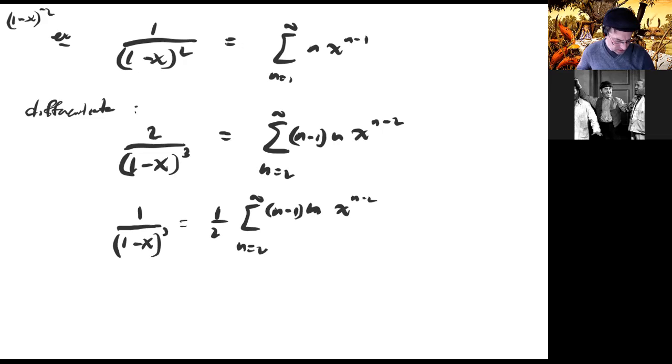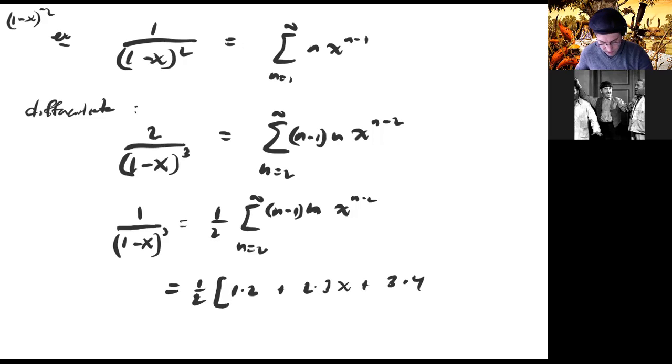So you can think of this as 1/2 times 1 times 2 times x to the 0th power plus 2 times 3 times x, plus 3 times 4 times x squared, and so on.